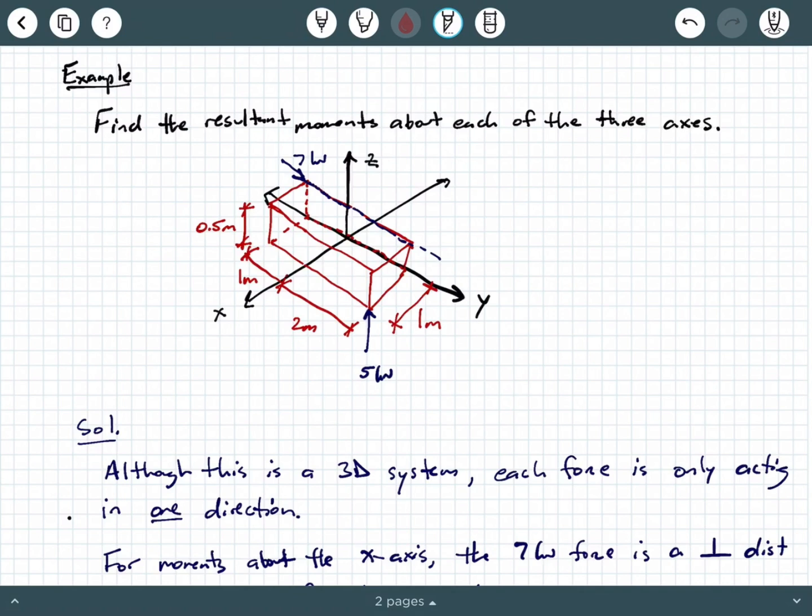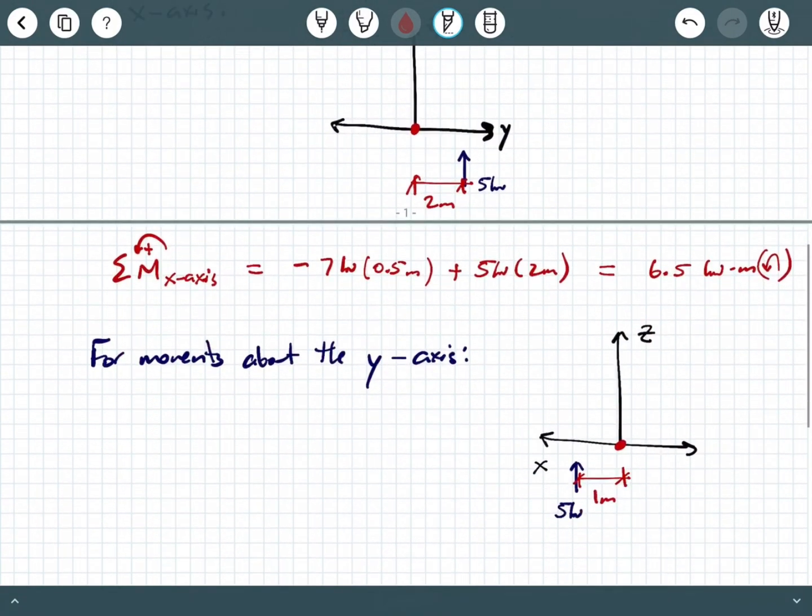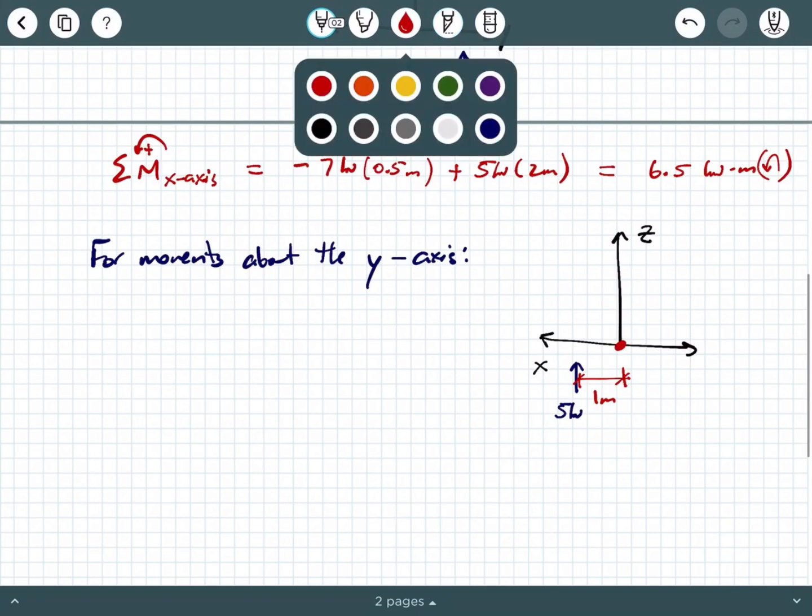What about the 7 kilonewtons? Well, notice that since the 7 kilonewtons is along this back edge, that back edge is parallel to the y-axis, right? The back edge of this box is parallel to the y-axis. So even though, yes, it's a distance of 0.5 meters away from the y-axis, you can't rotate about the y-axis from this 7 kilonewtons, because it's parallel to it.